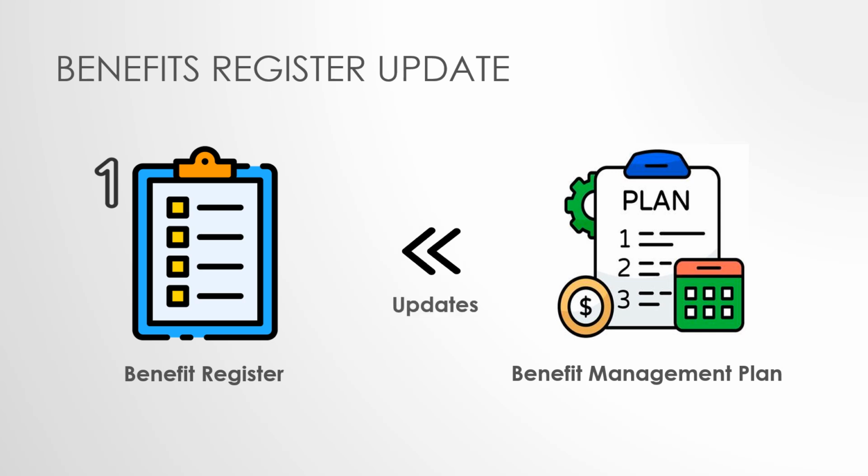At this time, program benefits are mapped to the program components based on the program management plan. The benefits register is then reviewed with the appropriate stakeholders to define and approve key performance indicators and other measures that will be used to manage program performance.